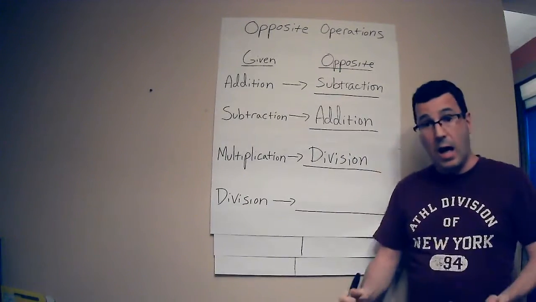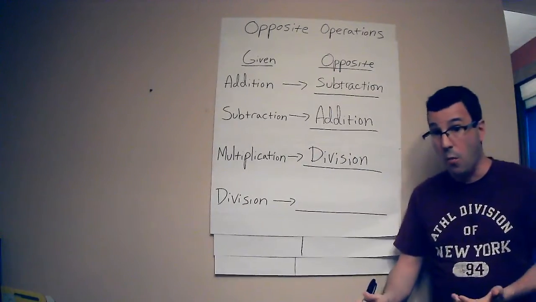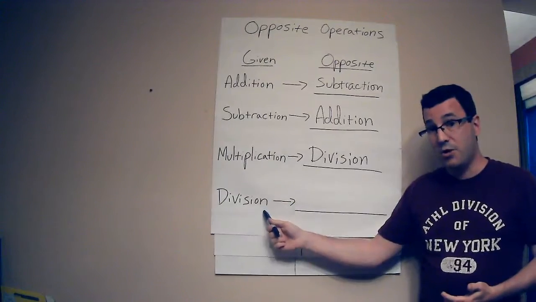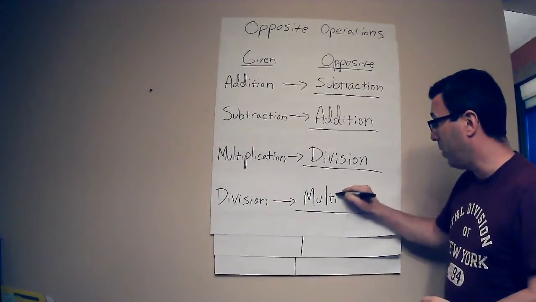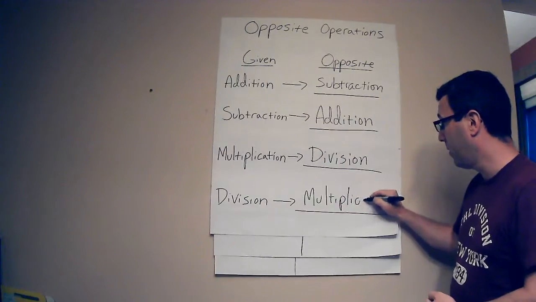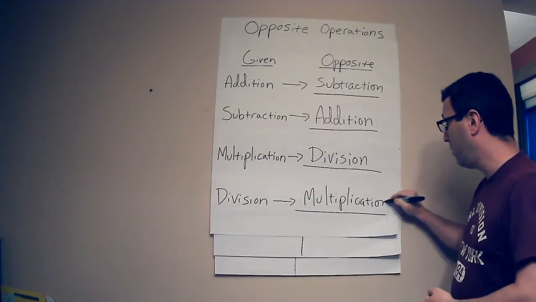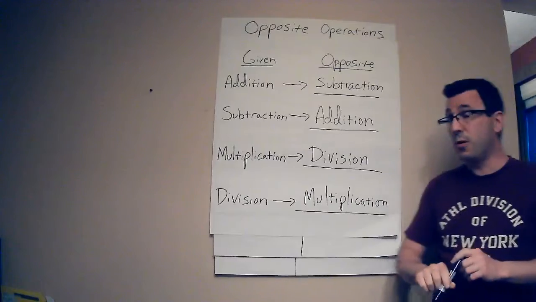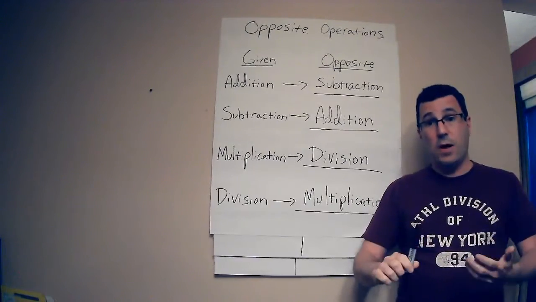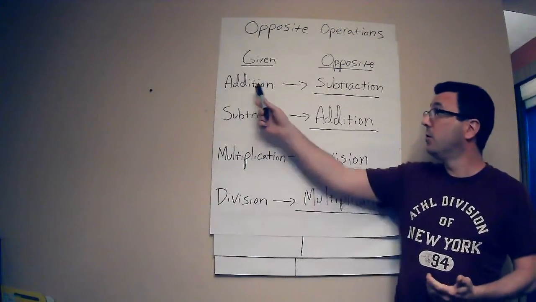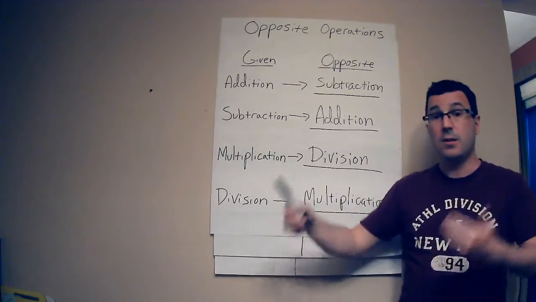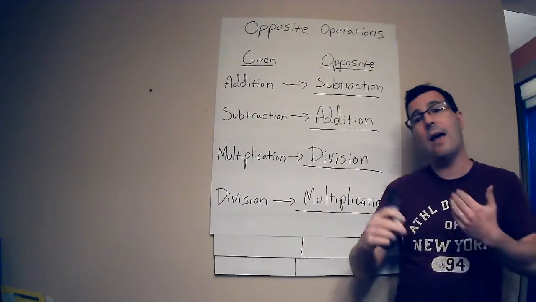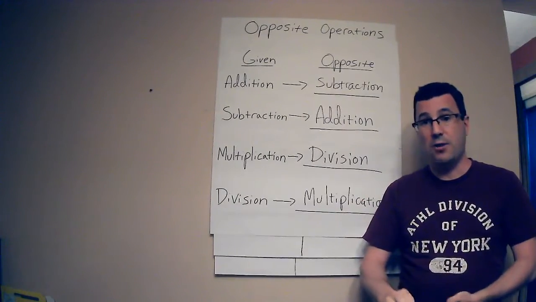So then obviously, I would hope, the opposite of division is going to be multiplication. Now, the thing to remember is, if I see that an equation involves addition, I have to undo it with subtraction. If it involves division, I have to undo that with multiplication.